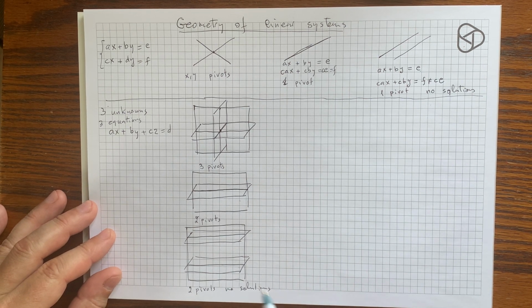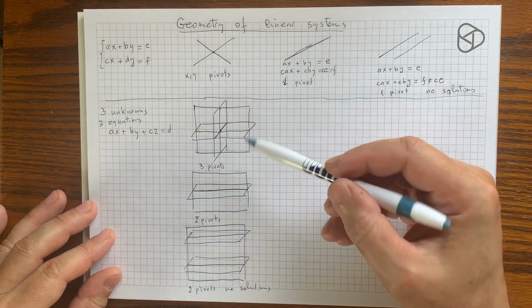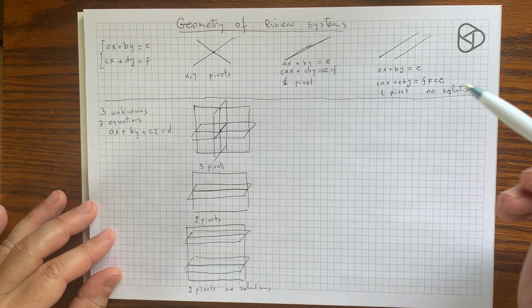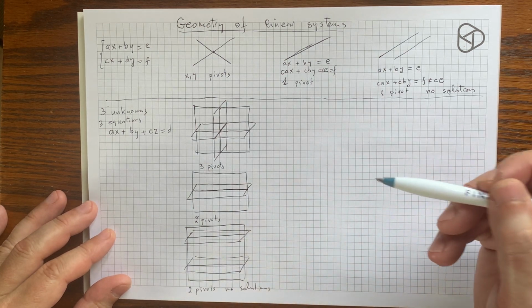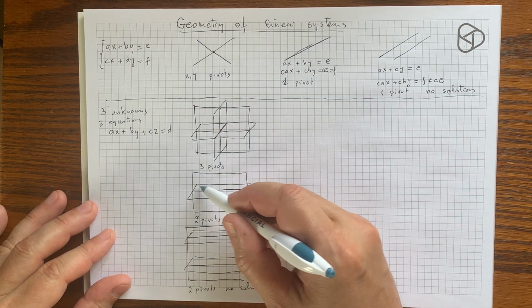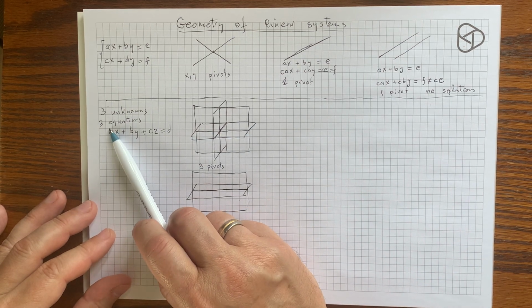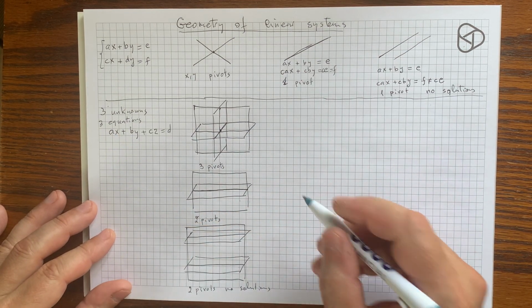at all. And there could be one more, even more degenerate case when the third plane is the same as the two coinciding planes. That will correspond to the case when all three equations are just proportional throughout.